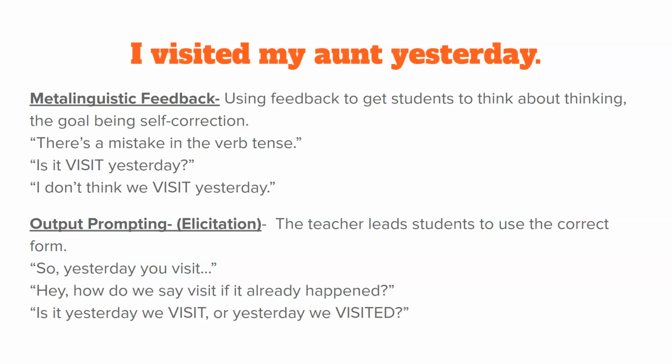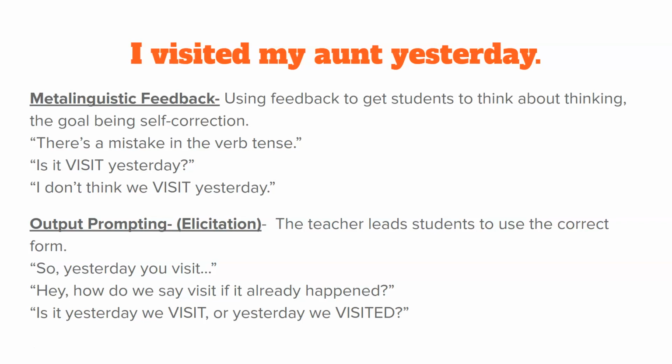So you would say, there's a mistake in the verb tense. That might be something you would say with older students. Or, is it visit yesterday? You might say something like, I don't think we visit yesterday. Okay? So again, this cues their self-correction, their thinking, but then you're going to explain why they made an error and where they made an error.